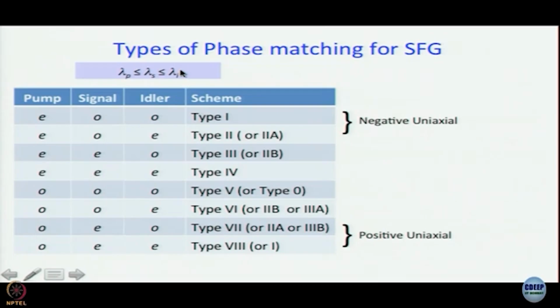Now, the crystals are classified into type 1, type 2, sometimes they are classified as type 3, type 4, type 5, type 6 and so on and so forth, depending on the relative polarizations of signal, idler and pump. In our case, please do not forget, in the discussion so far, pump is what is being produced. What is the meaning of pump in the discussion that we have had so far?